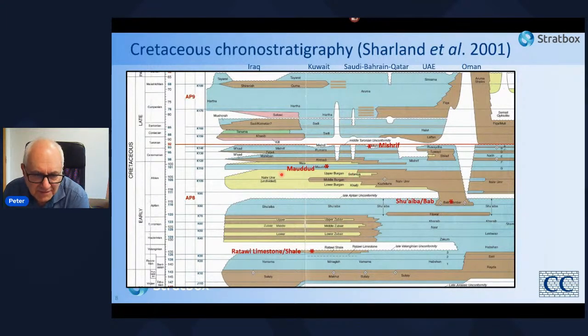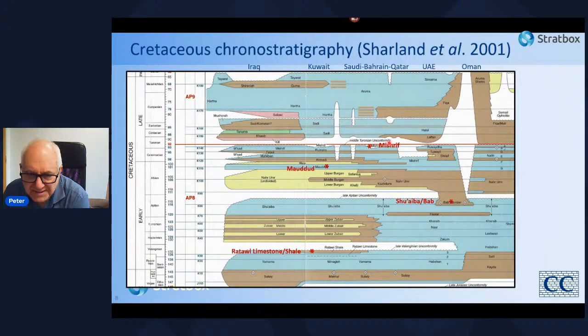Then I'm going to be moving up into the Mauddud to look at a reservoir scale case history associated with the K110 of late Albian age. And then I'm going to be looking at the Mishrif carbonates associated with the K140 around about the Cenomanian Turonian.